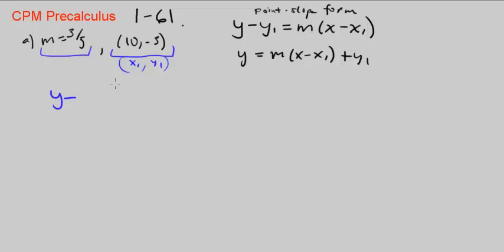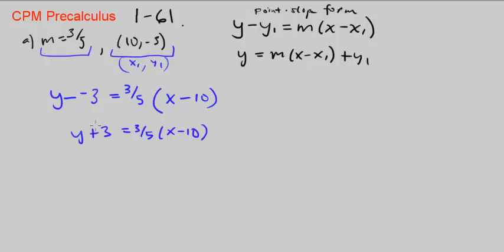We have y minus y1, which is -3, equals m, 3/5, times x minus x1, which is 10. To simplify a little, y minus -3 is y plus 3 equals 3/5 (x minus 10). And this is the answer to part A.